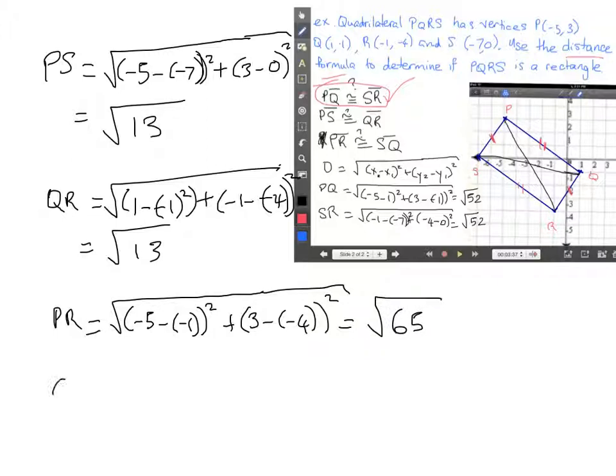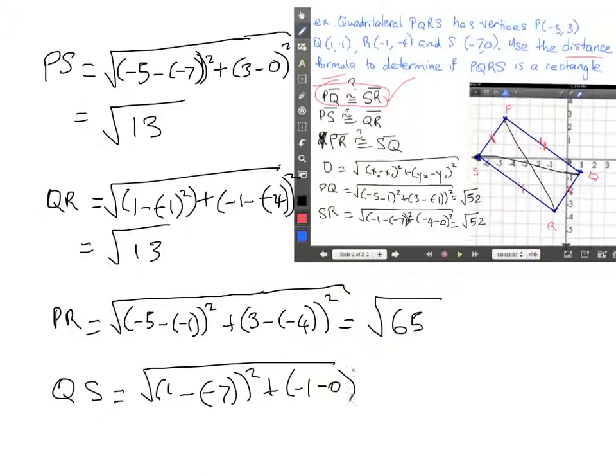And finally, QS is equal to the square root of 1 minus -7 squared plus -1 minus 0 squared. And again, when you work that all out, you should actually get root 65. So the diagonals are also equal.